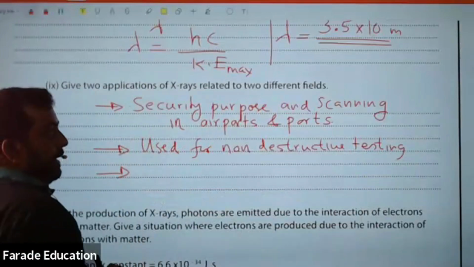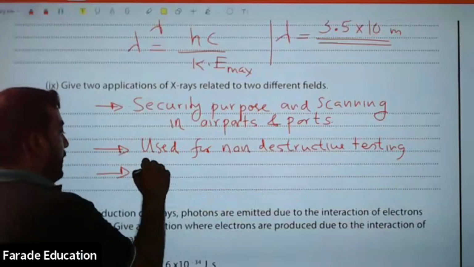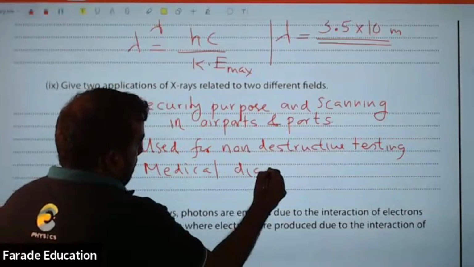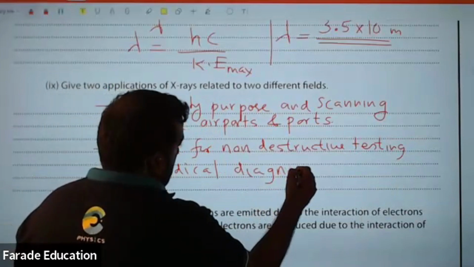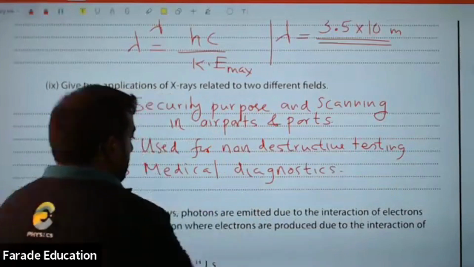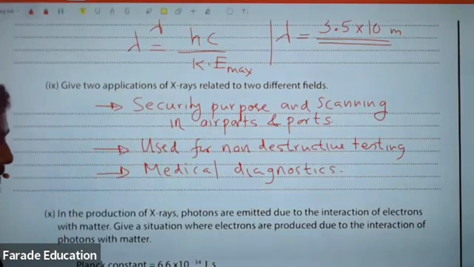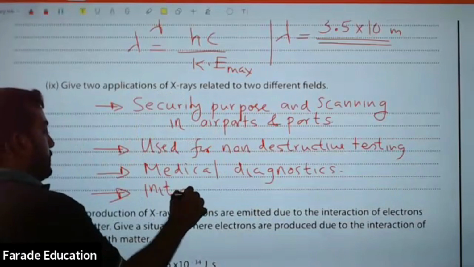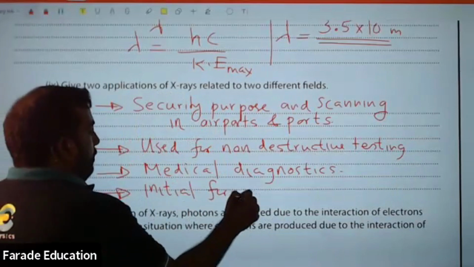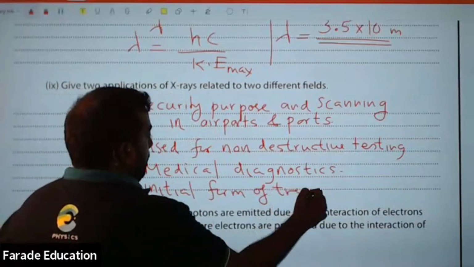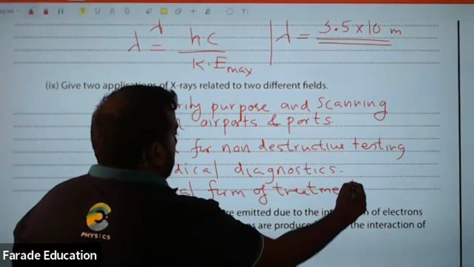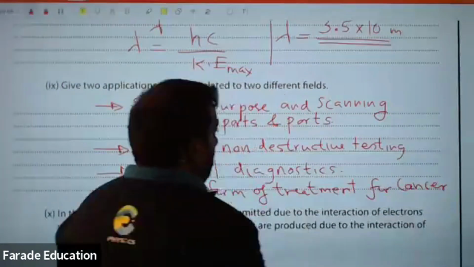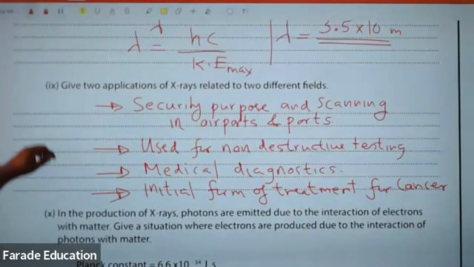X-rays are also used for medical diagnosis, and as an initial form of treatment for cancer.